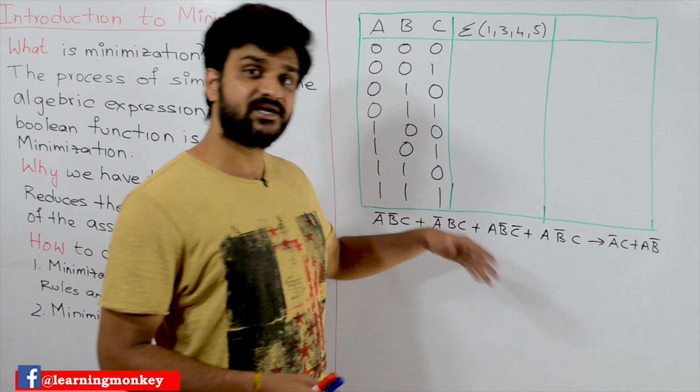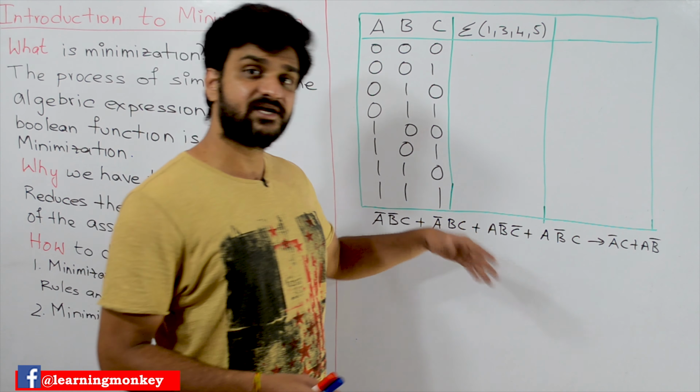What that means is, if you try to convert this boolean function to a logic circuit, by doing the minimization we are going to reduce the cost of the circuit and also the complexity of the circuit.